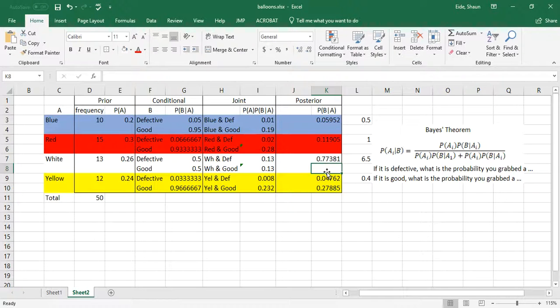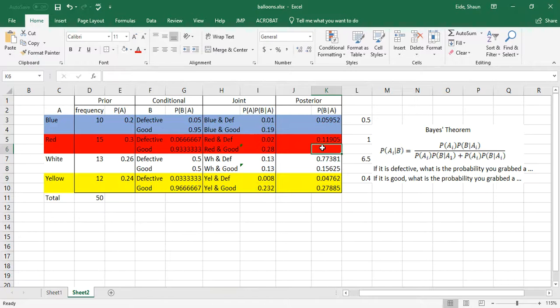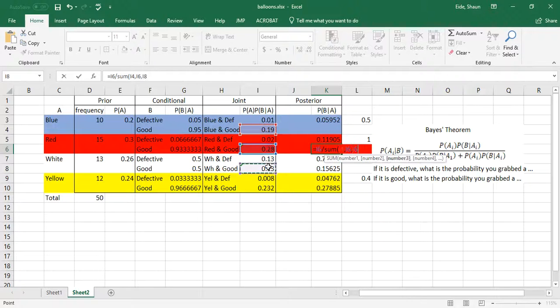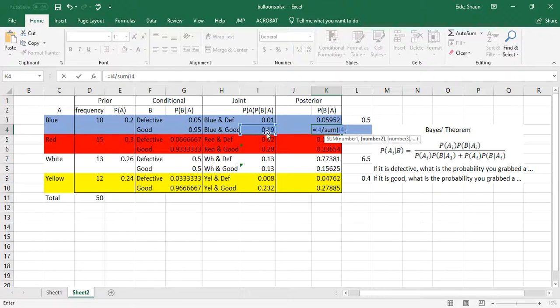Then I'll just do this really quick, and lastly we'll do blue equals 0.19 divided by the sum of red, white, and yellow.